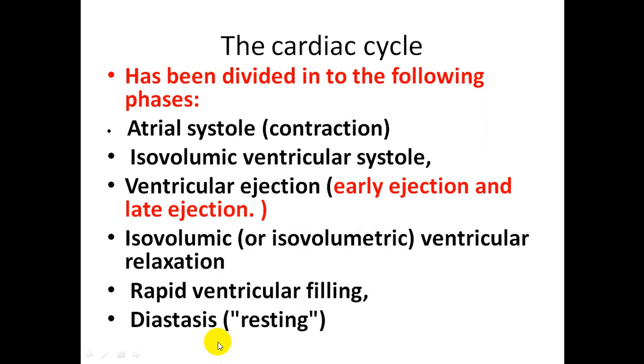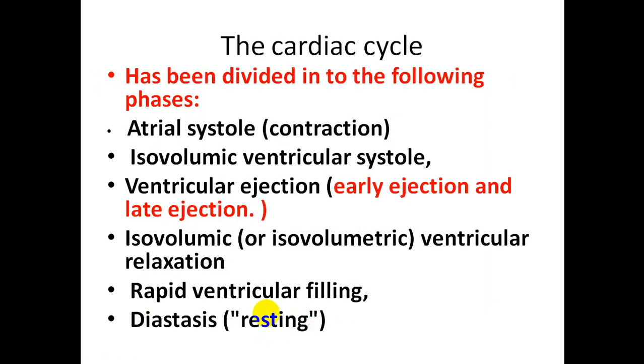The cardiac cycle has been divided into the following phases. Atrial systole: depolarization, then contraction. Isovolumic or isovolumetric ventricular systole, which means the ventricle contracts and the pressure increases sharply while the volume is not changed.